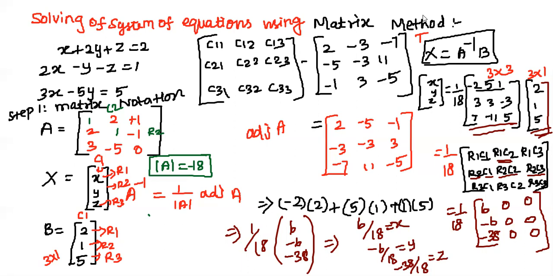And you can simplify this also. You can write x as 1 by 3 and y is minus 1 by 3 and z can be simplified as minus 19 by 9. So we found the xyz with the help of the matrix method.